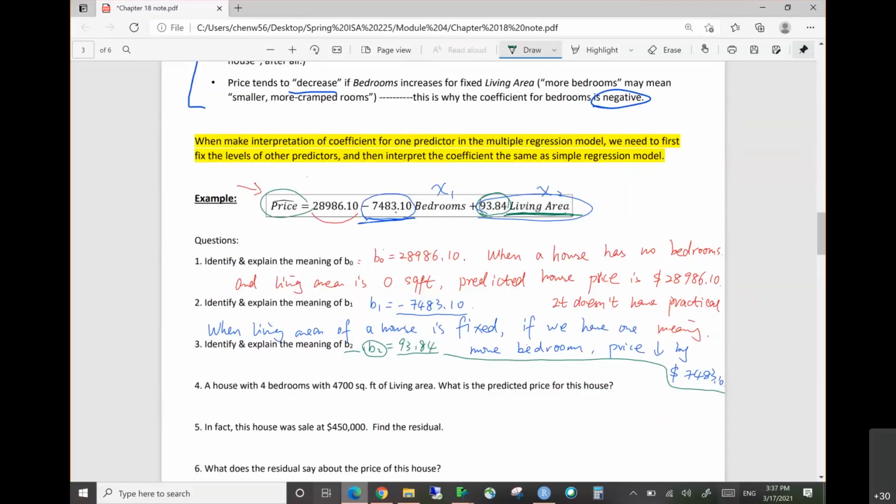Remember, when we interpret the coefficients in the multiple regression, we always need to control other variables first, right?